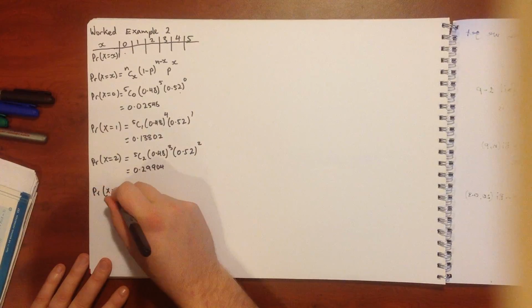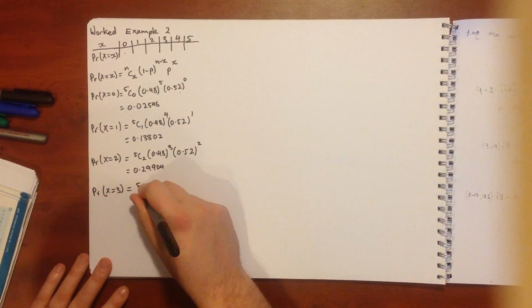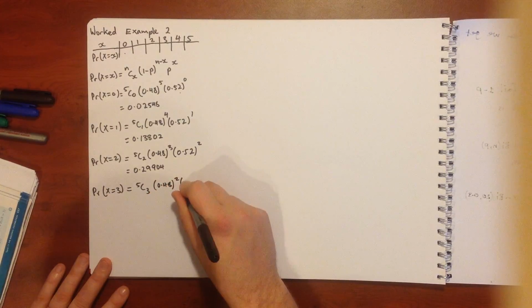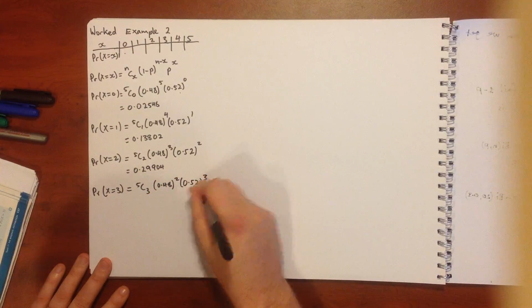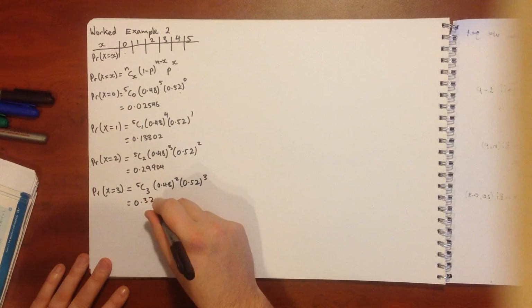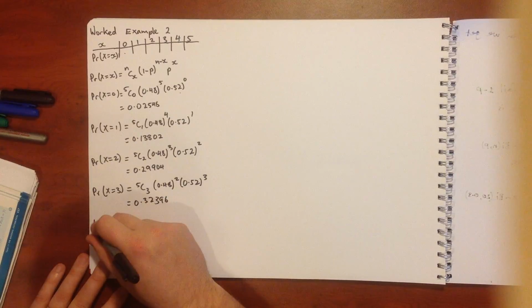The probability that X equals 3 is going to be 5 choose 3, 0.48 to the 2, 0.52 to the 3. When we do that, we get 0.32396.